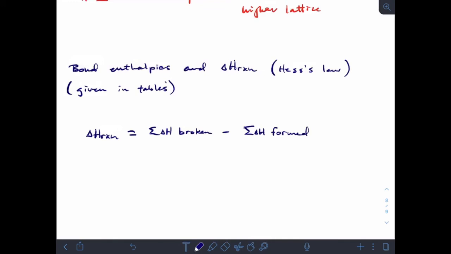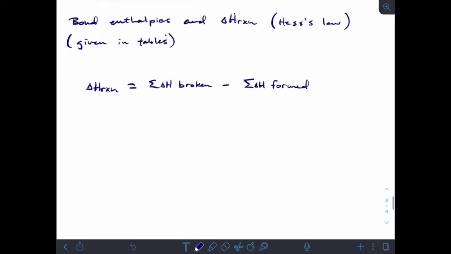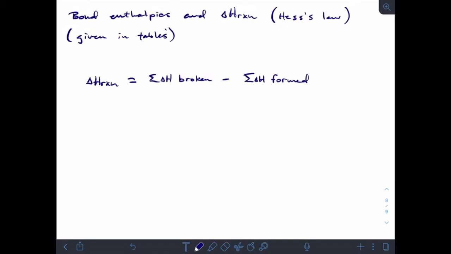Okay, now you can also do this broken plus formed, being sure to flip the sign on formed energies. I think it's simpler to just say broken minus formed and not have to think about flipping signs. Okay, so let's take a look at an example and see how this works.